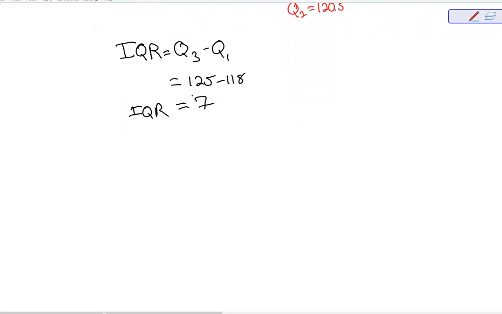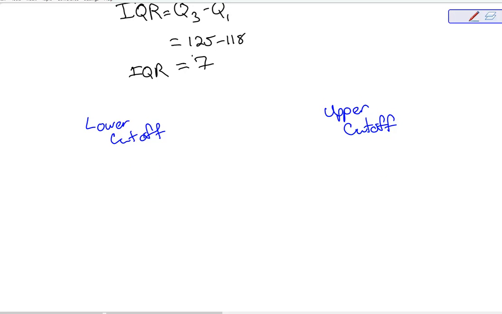So we're going to look for a lower cutoff and an upper cutoff. The lower cutoff is Q1 minus 1.5 times the IQR.